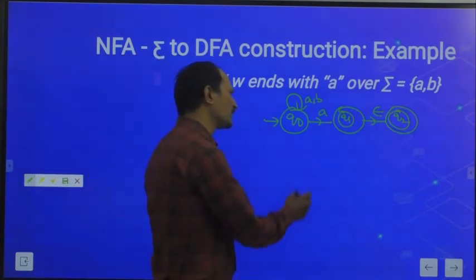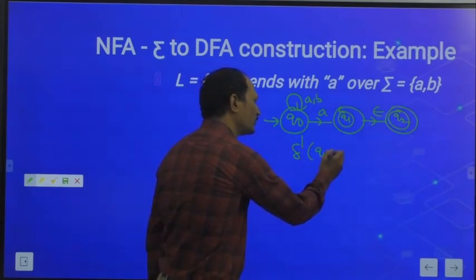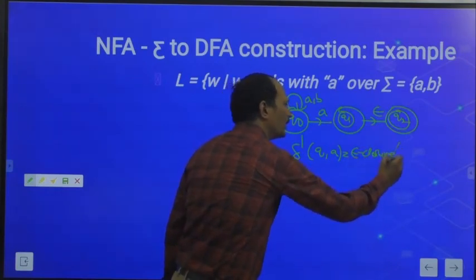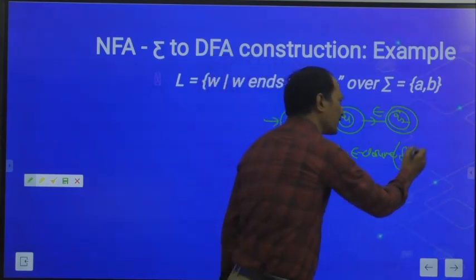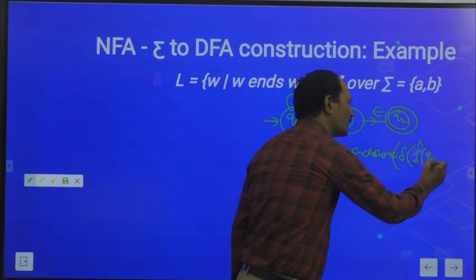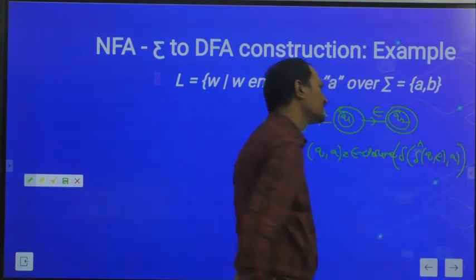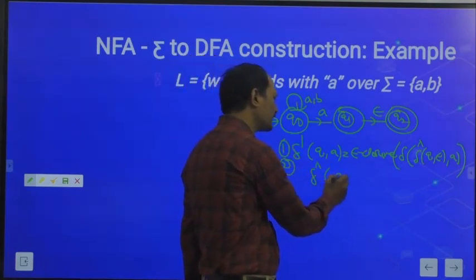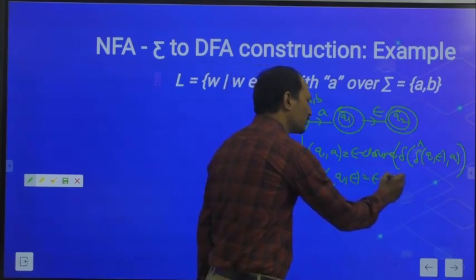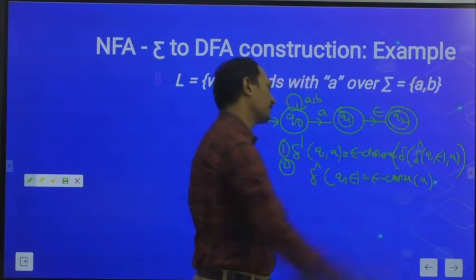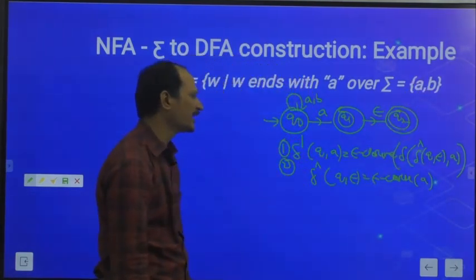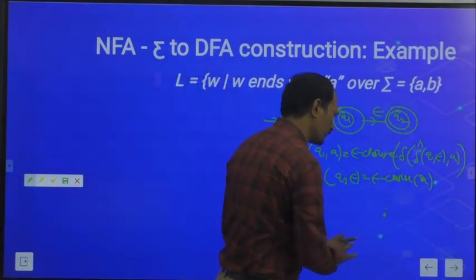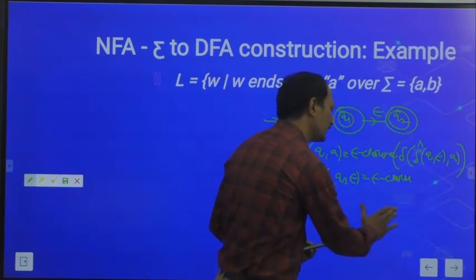The first formula that we are going to use is delta dash of q comma A is equal to epsilon closure of delta cap of q comma epsilon comma A. And the second formula is delta cap of q comma epsilon is equal to epsilon closure of q.